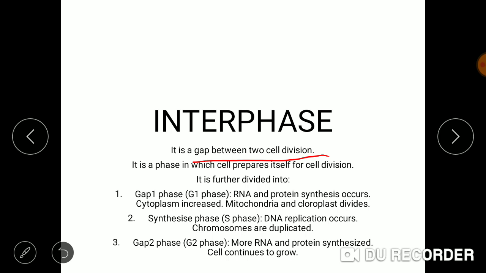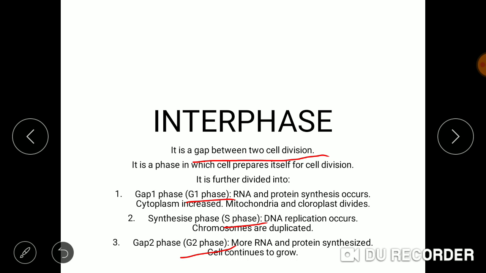It is a gap in between two cell divisions in which the cell undergoes growth and recovers itself, it boosts up its energy and it undergoes growth. During this growth process, the further phases which take place are G1 phase, S phase and G2 phase.